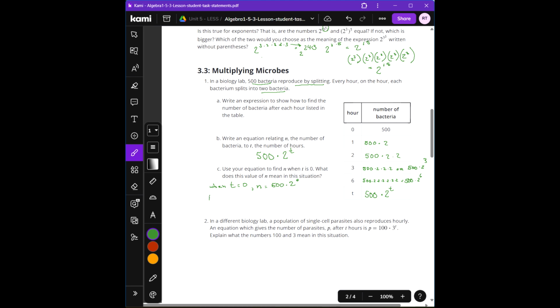Okay, so remember, 2 to the 0 is equal to 1, so n is equal to 500 times 1, or just 500.